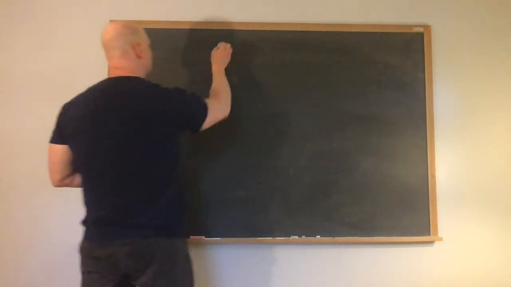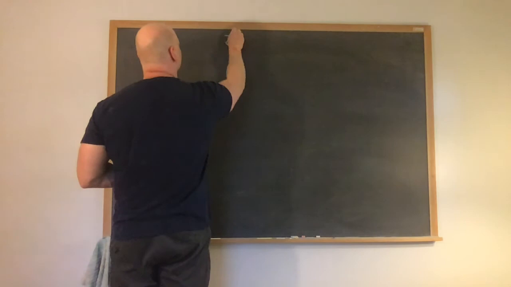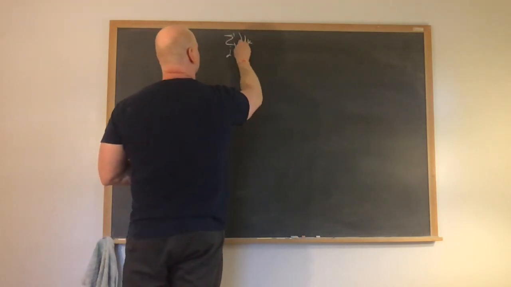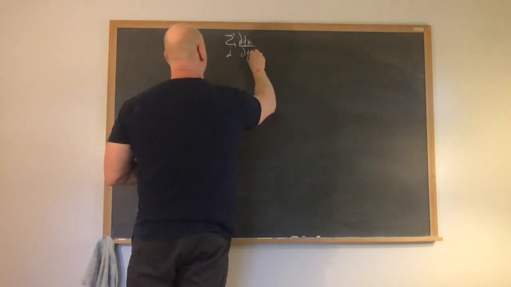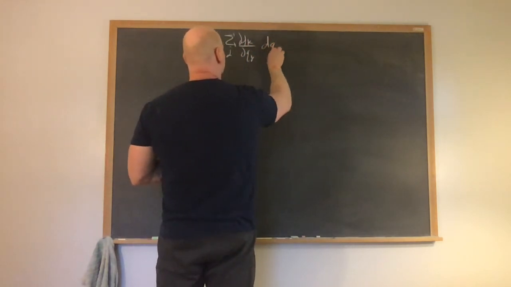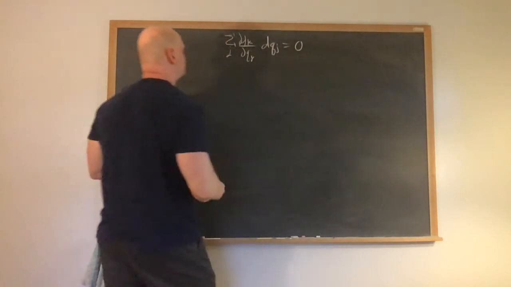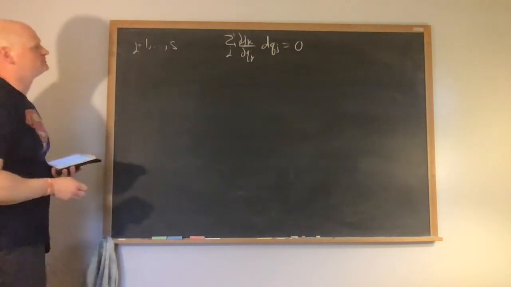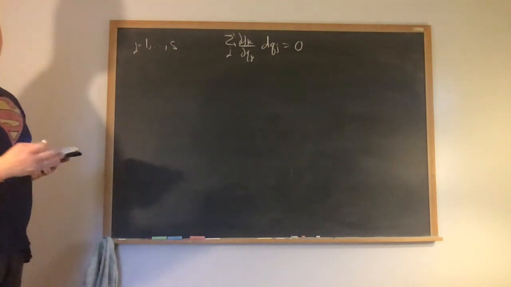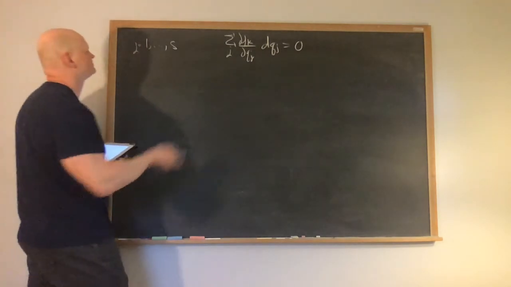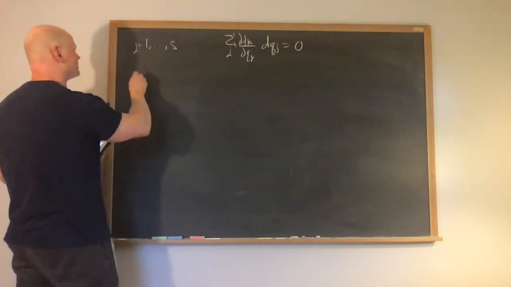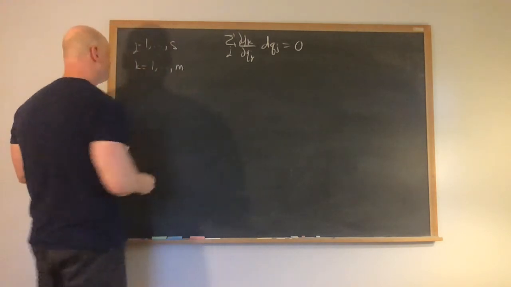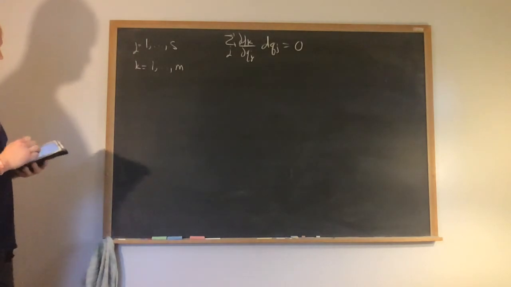So let's say I had a differential constraint, which is given as the sum over j of the partial of f sub k, partial q of j, times dqj equal to 0, where in this case j is running from 1 out to s, right? So again, s is just going to be 3n minus m, so that's the total number of independent variables I have. K is equal to the number of constraints, so it's going to go 1 all the way out to m, how many constraint equations I have.